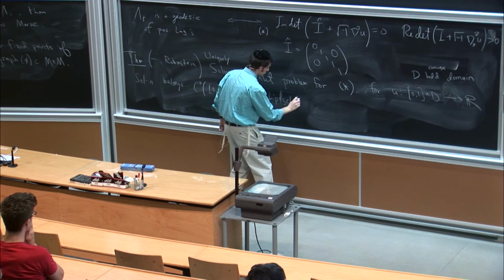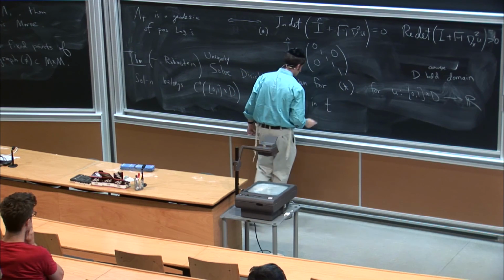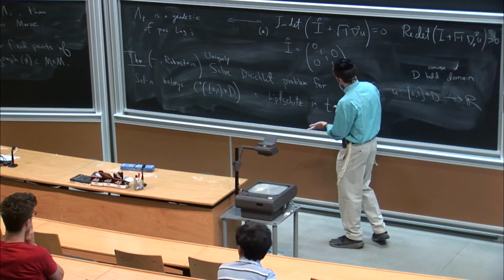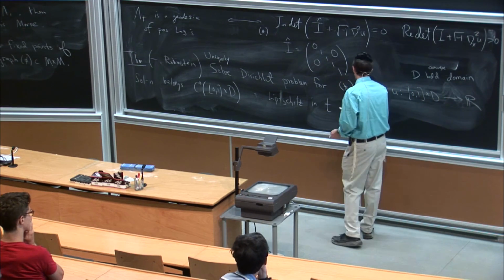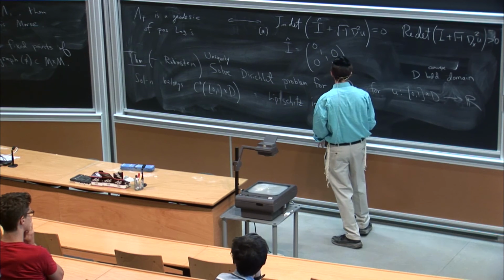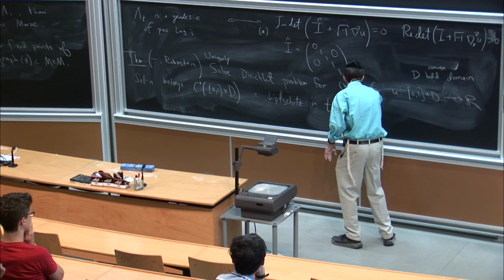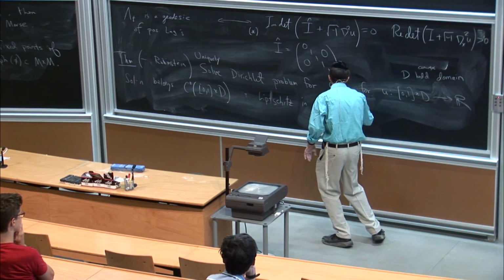So that means we can make sense of the time derivative, and in the convex branch, so there's different branches here which I'm suppressing, we can actually define the length of a geodesic.